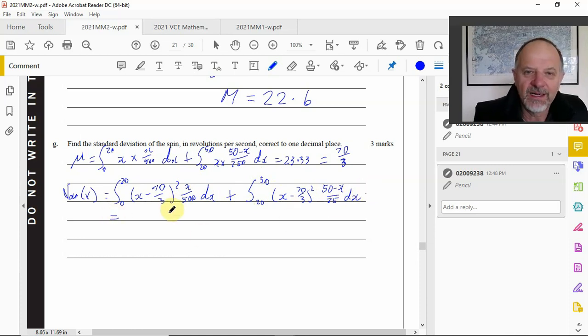And when you do that, and again I'm going to use the fraction, you get 950 on 9.